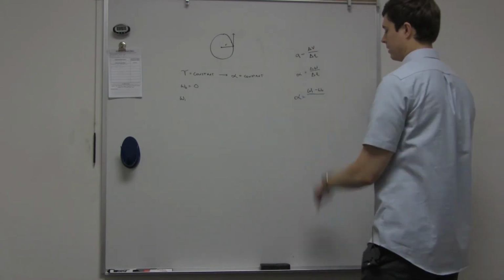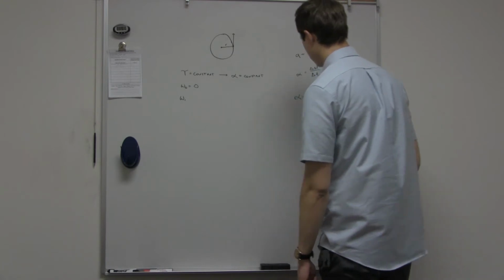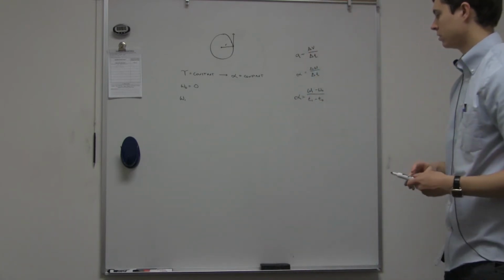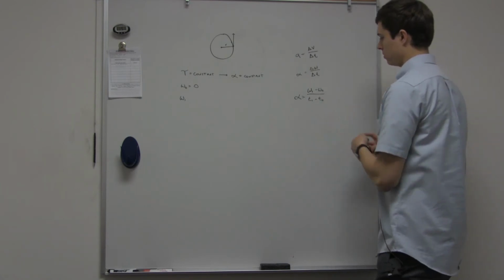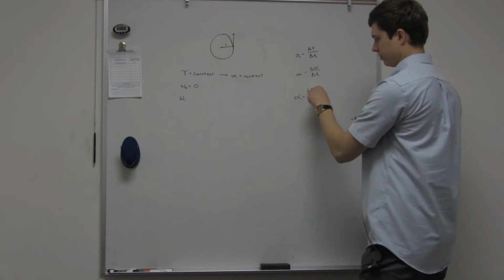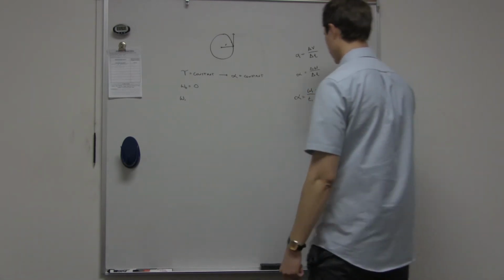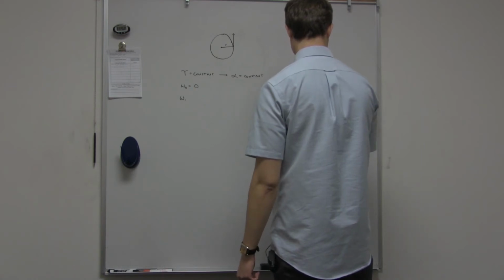And then our time, same idea, t sub 1 minus t naught. Now since we know that omega naught and t naught were both 0, whatever this number ends up being minus 0 is just going to be this number, same thing down here. So we can say that alpha equals omega 1 over t1.